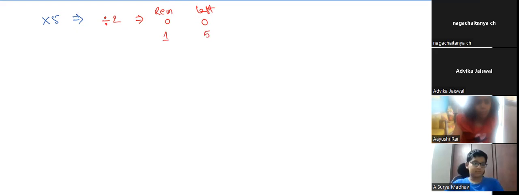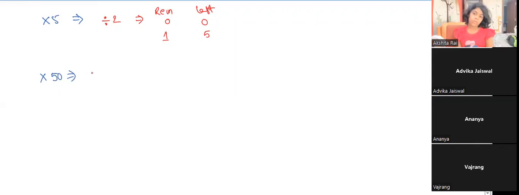Suppose when you have to multiply the given number by 50, then divide it by 2 only. Just now we have written it on the top.